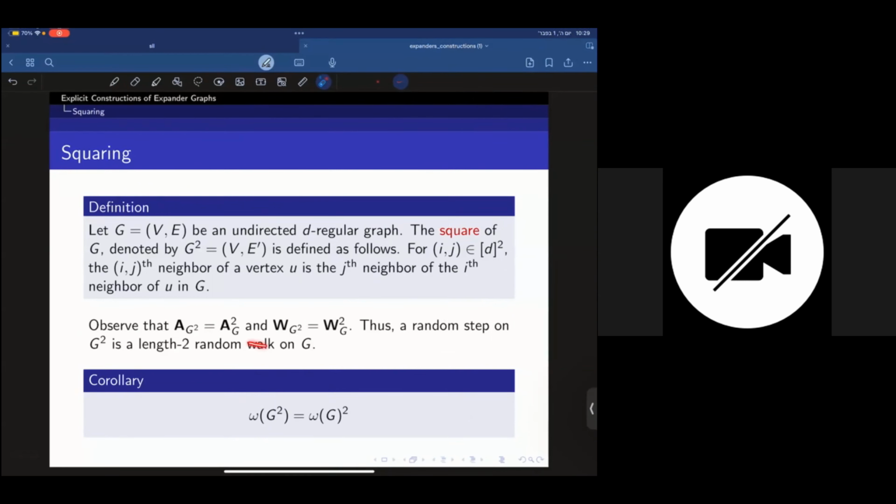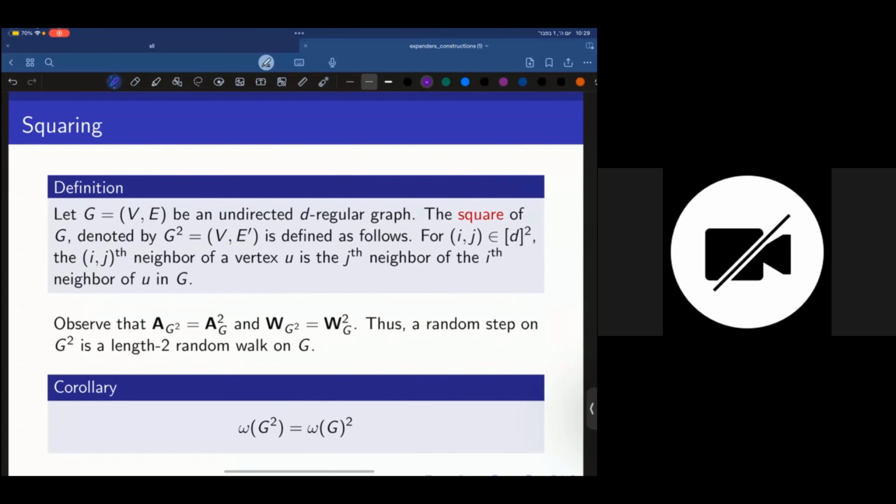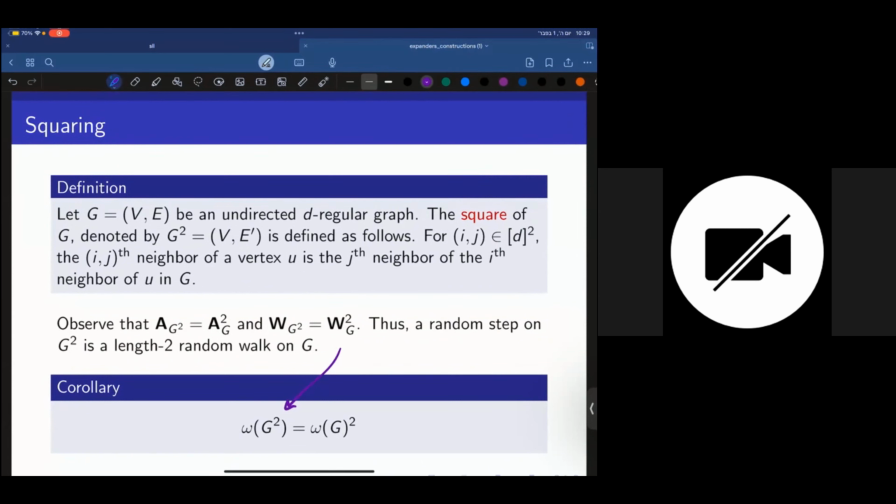So because of that, we know that omega, which let me remind you in case, you should know that by heart at this point, omega of a graph is the maximum between omega 2 of the graph and omega n in absolute value. Let's put absolute value here as well, even though I don't need it really.